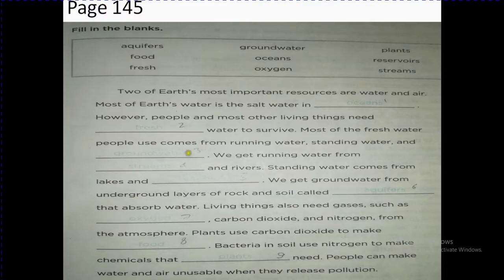It's not too visible or easy to read from here, so I'm going to tell you the answers also. Number 5 is reservoir, number 6 is aquifers, number 7 is oxygen, number 8 is food, and number 9, the last fill in the blank, is plants.